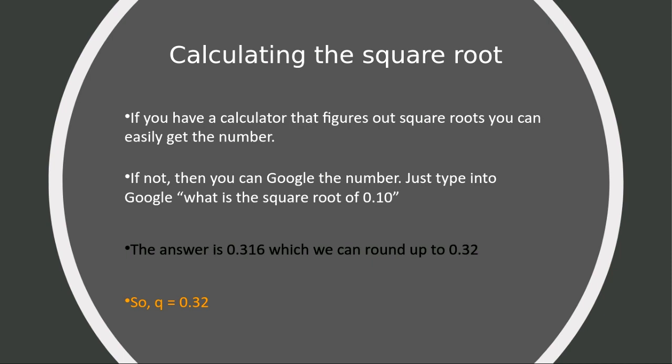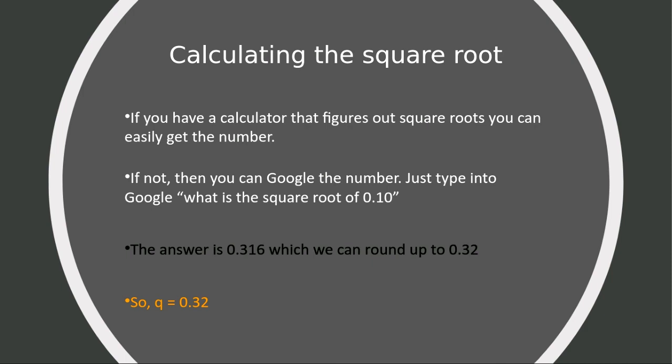So just type into Google, what is the square root of 0.1? And Google will very kindly and quickly give you a response that the answer is 0.316, which we can then round up to 0.32.